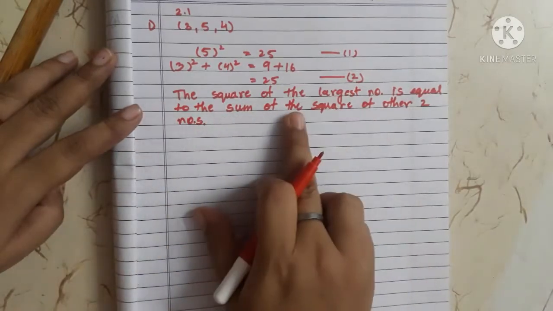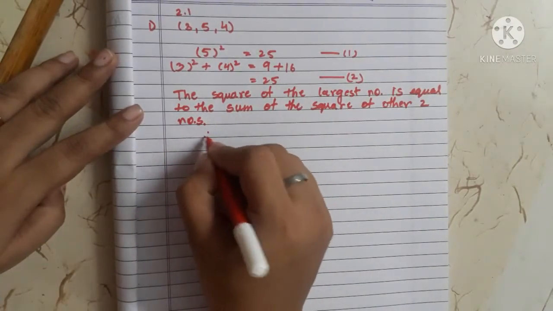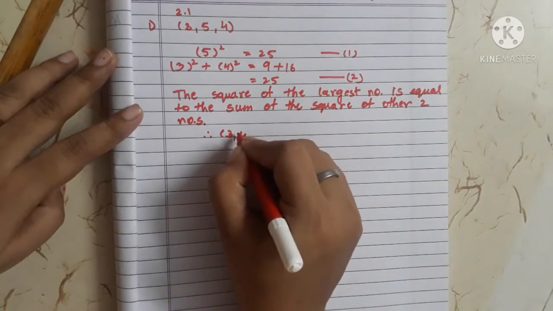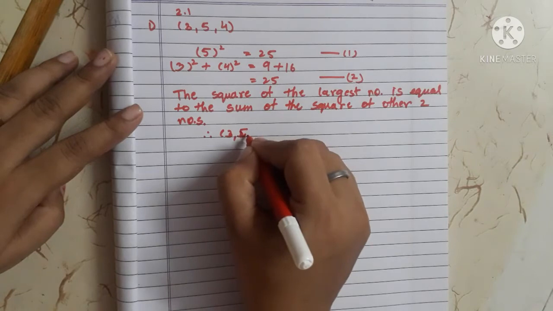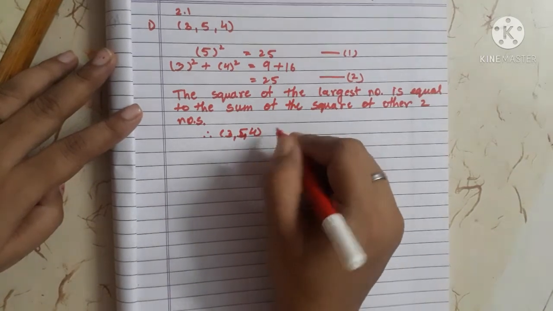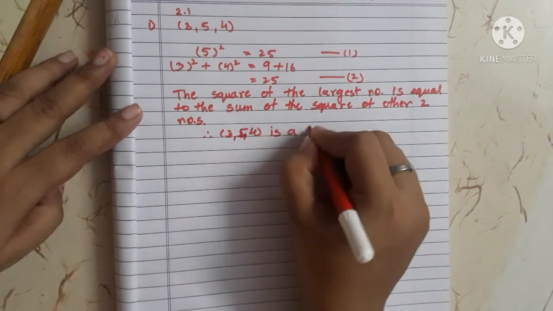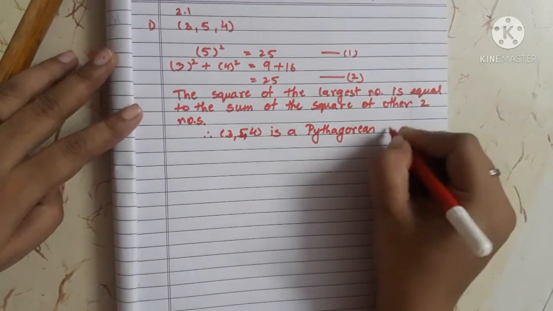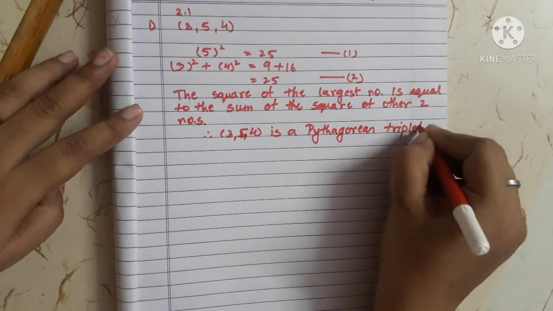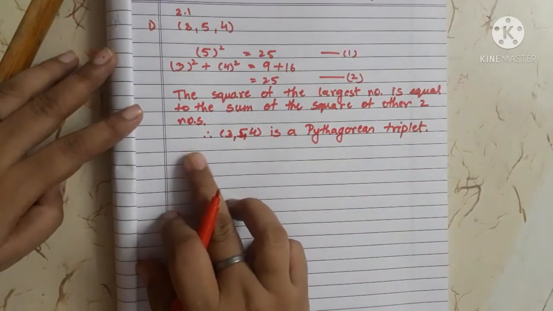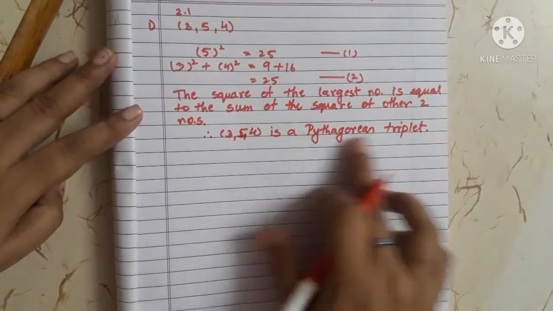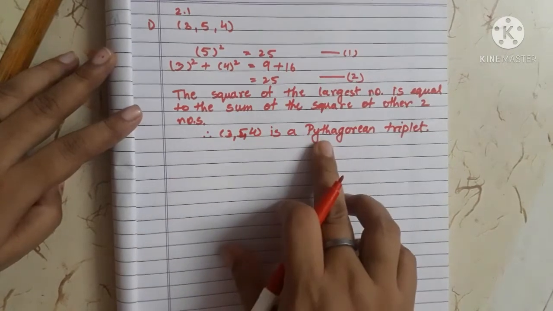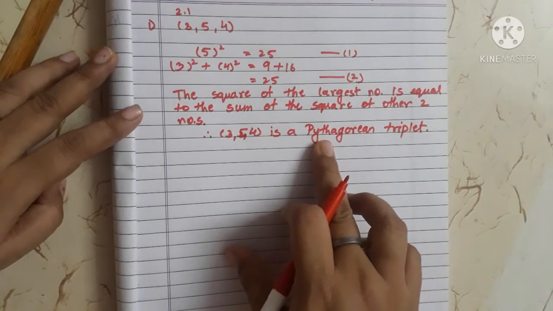Whenever this condition is satisfied, then we can say therefore 3, 5 and 4 is a Pythagorean triplet. Okay, this satisfies our Pythagorean triplet. You know in Pythagoras theorem, the sum of the square of the two sides is equal to the hypotenuse square.